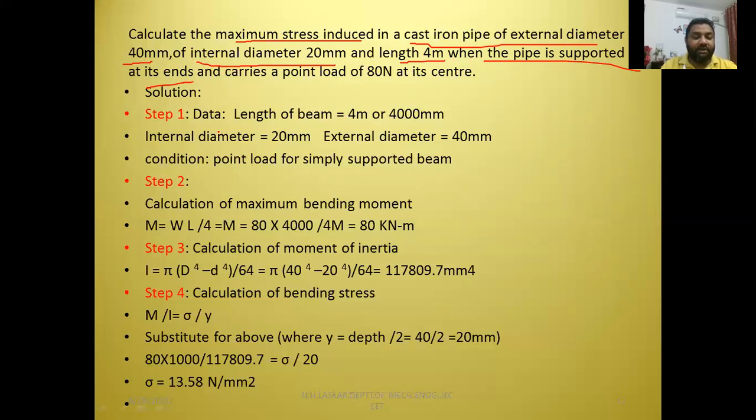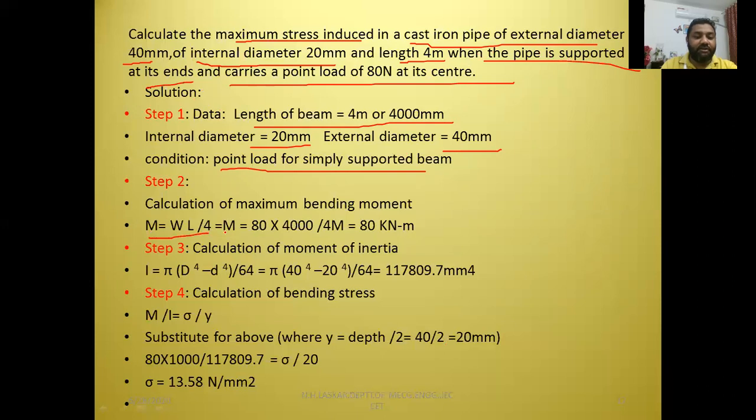So what are the data given? The length of the beam is 4 meter or 4000 millimeter. Internal diameter is 20 millimeter, external diameter is 40 millimeter. The condition is a point load on a simply supported beam. The pipe is supported at its ends and carries a point load of 80 Newton at the center. For a simply supported beam with a point load at the center, the maximum bending moment formula is WL by 4. That you have to remember.